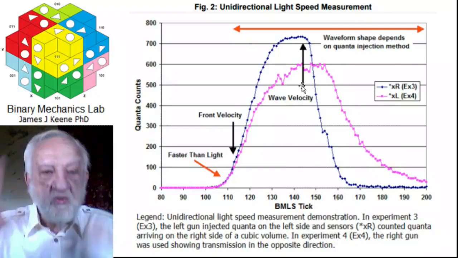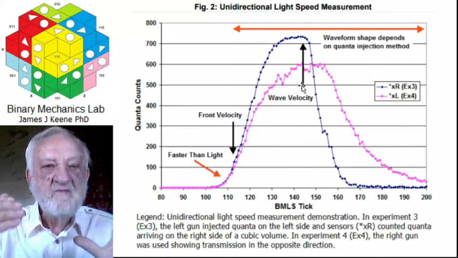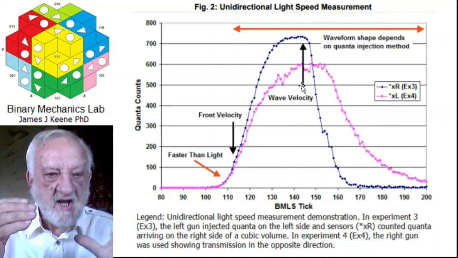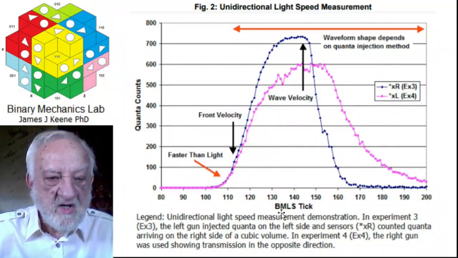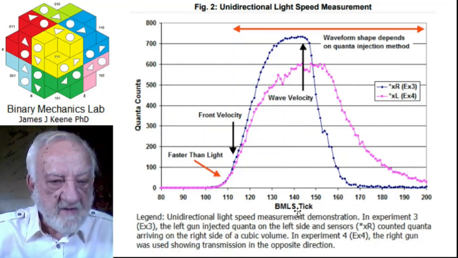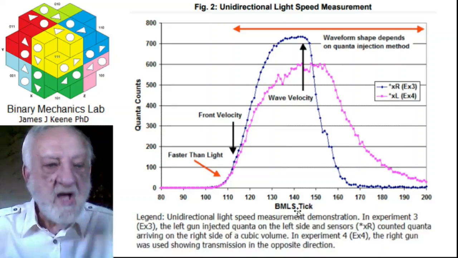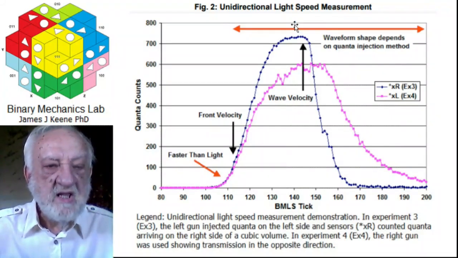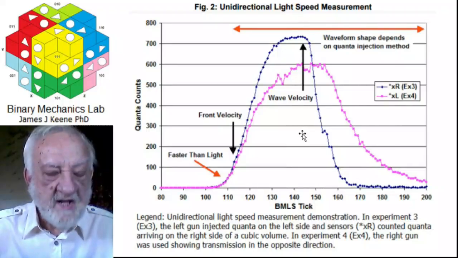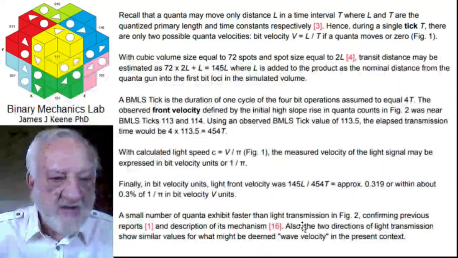If we have a cubic volume that we're simulating and we shoot quanta in for a light signal on one side, we can see how many ticks of the binary mechanics lab simulator are required before these quanta arrive at the other side. That's what this unidirectional light speed measurement data is showing. Here are the details of how all of that was calculated.